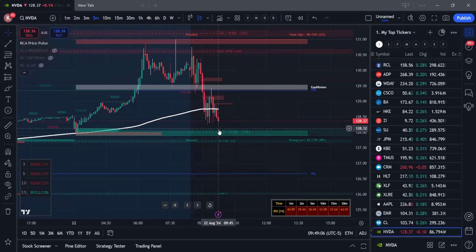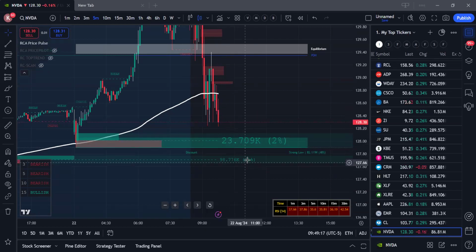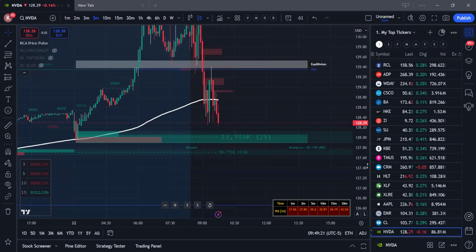Now there is a 23,000 buy order block, 98,000 buy order block. So if price comes and touches this area, right, this is the discount zone. If it touches this and then we see a green candle, then we can buy the calls for Nvidia.